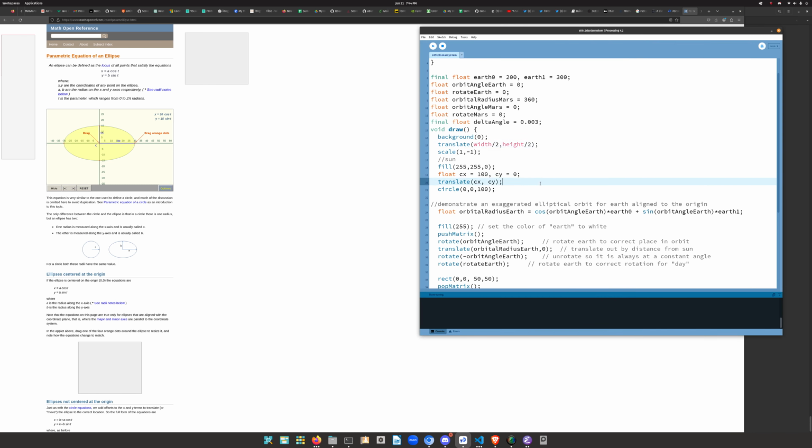All right, it's probably not the most efficient thing in the world, but here, there we go. How about float xEarth equals that? yEarth equals that. Orbital radius for the Earth is equal to xEarth times xEarth plus yEarth times yEarth, and I guess we need the square root of that.